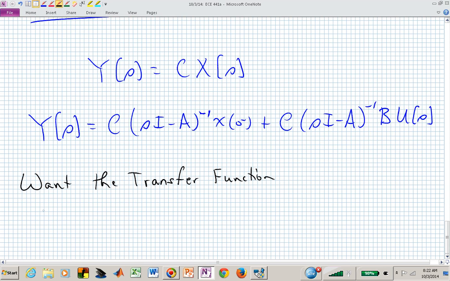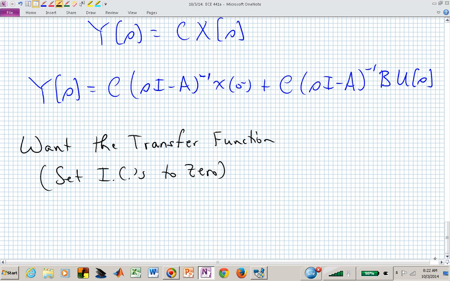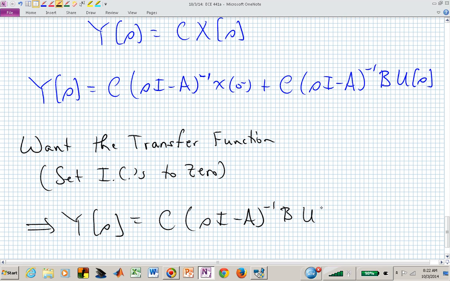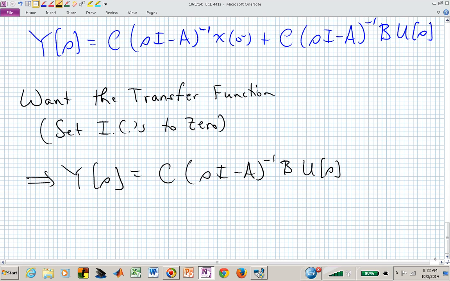But if we're wanting the transfer function, we can simply set the initial conditions to 0. Doing that says now that y of s is simply c times si minus a inverse b u of s, and the transfer function is right there looking at us.